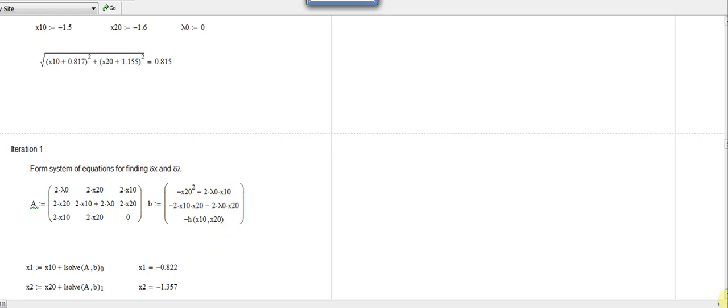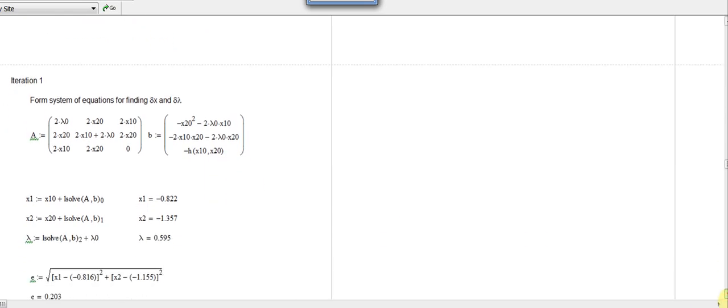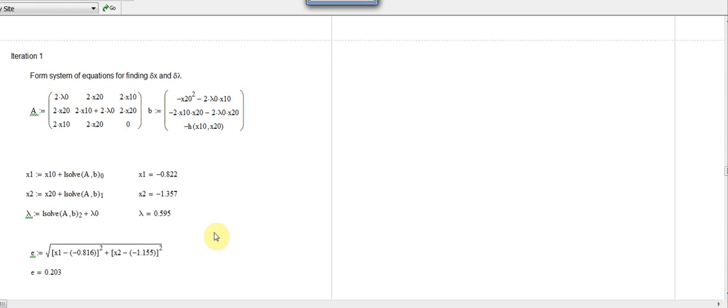We solve this, and we find that x1 is minus 0.822, and x2 is minus 1.35, and this is lambda. And we can find the distance from the solution.